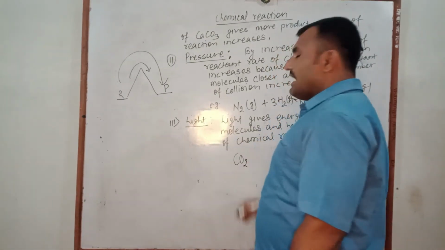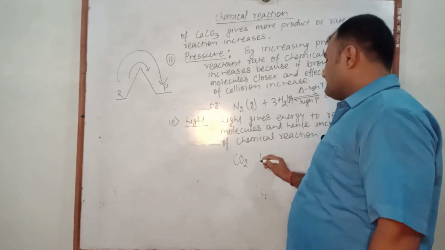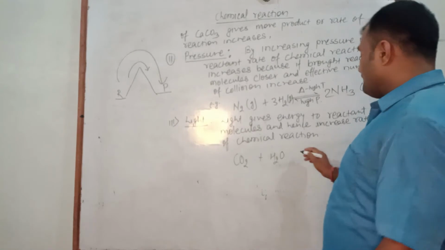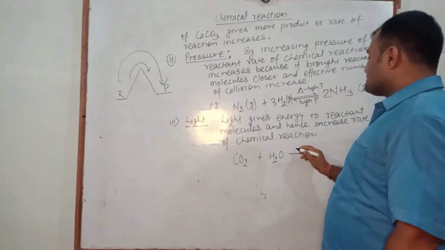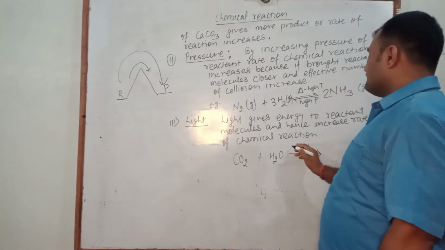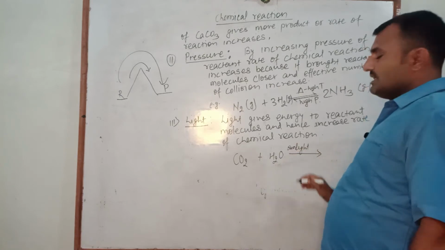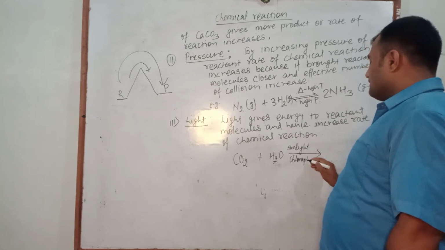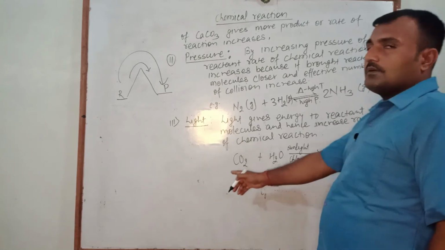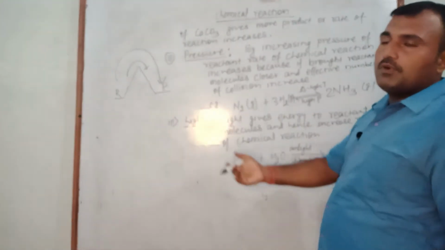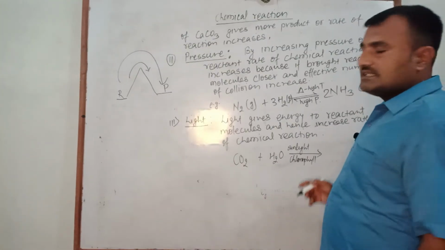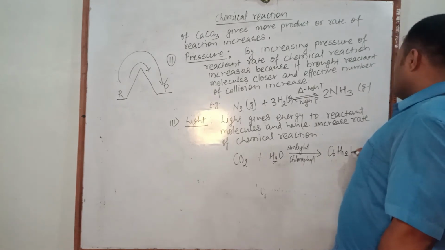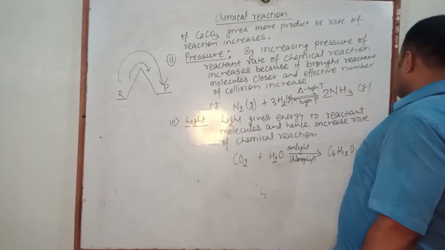Plants take carbon dioxide through stomata, and roots absorb water from the ground. In the presence of sunlight, in plastids or chlorophyll, the plant prepares food material by the photosynthesis process and forms starch, C6H12O6, and releases oxygen gas.